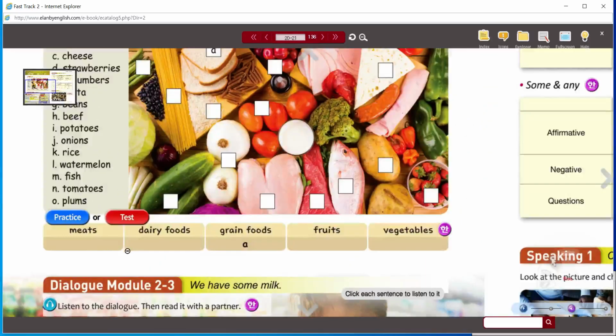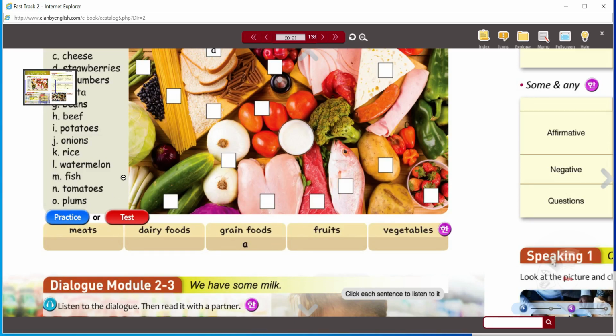Now the categories are meats, okay, dairy foods, so food that has a milk base, grain food, so that would be any sort of grain, and then we come to fruit and vegetables. Okay, I'm not sure how you distinguish these two categories. These are often used in the same category. Okay, but let's see how you do. You don't have to do it perfectly.